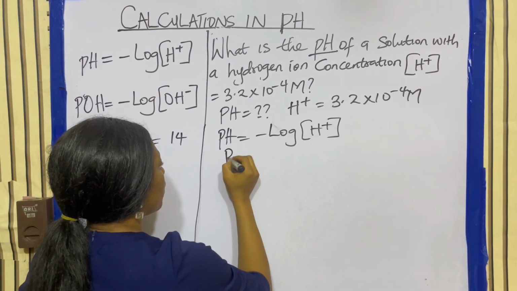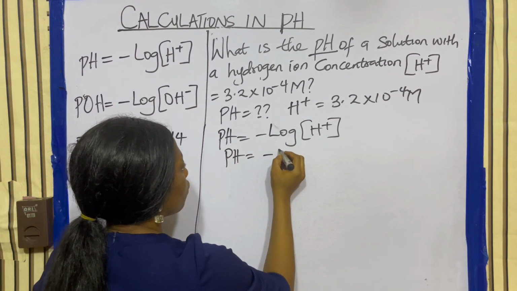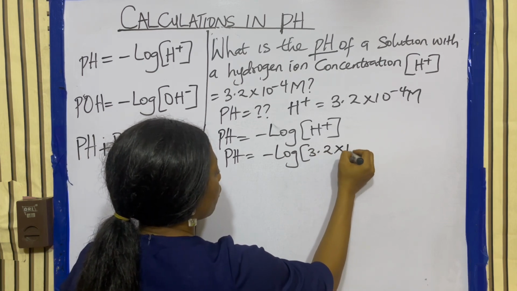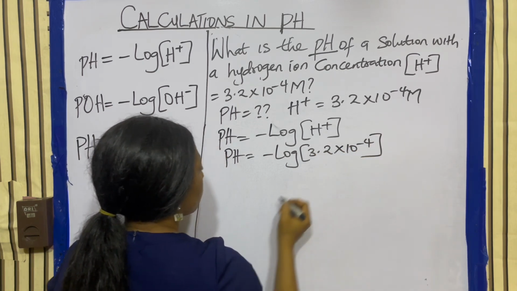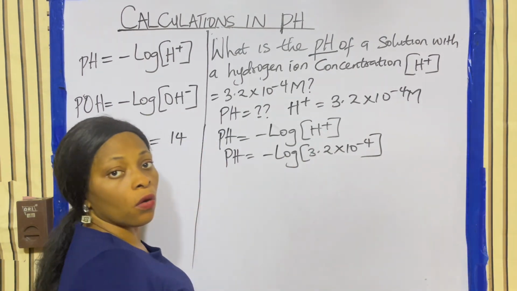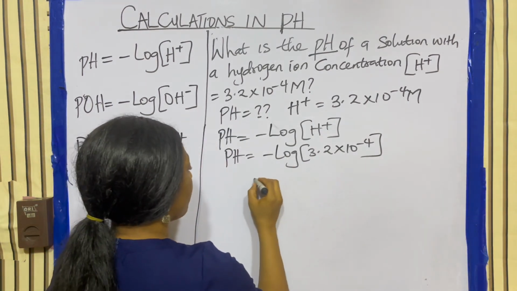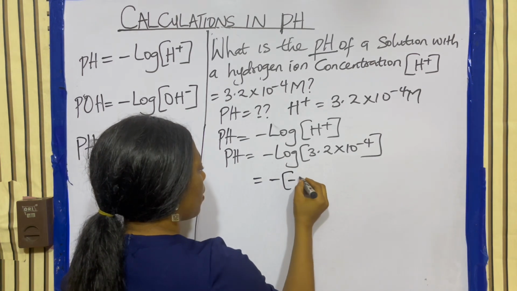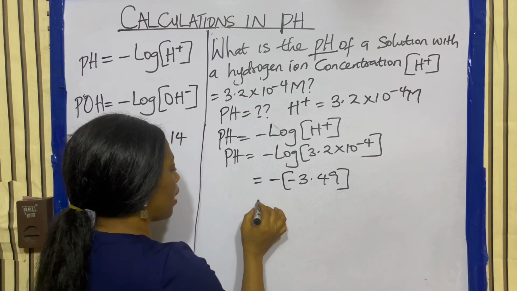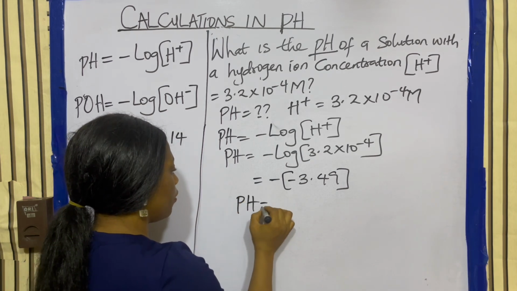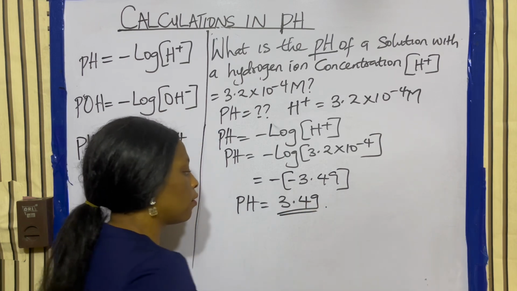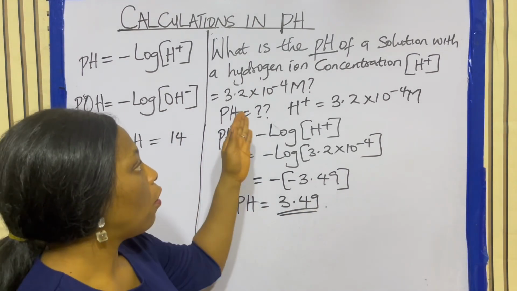So pH is equal to minus log 3.2 times 10 raised to power minus 4. Let's press our calculator. You have minus 3.49. So minus times minus, pH will be 3.49. Answer.